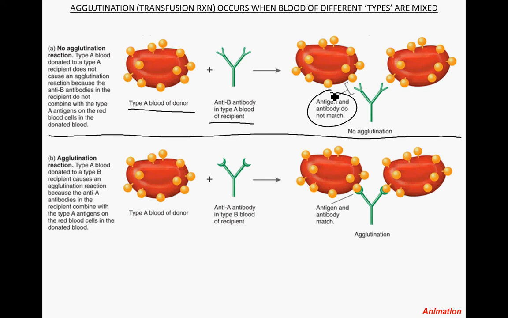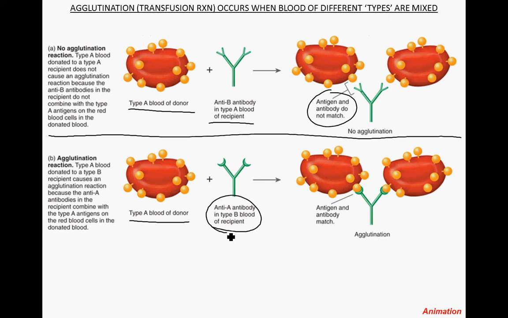Okay. Now, if the donor is blood type A, then consider the anti-A antibody in the type B blood of the recipient. So now, if you are type B but you get type A blood, since you are type B, you have anti-A in your plasma.